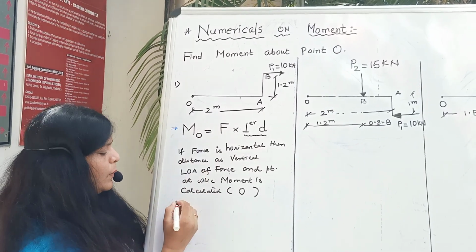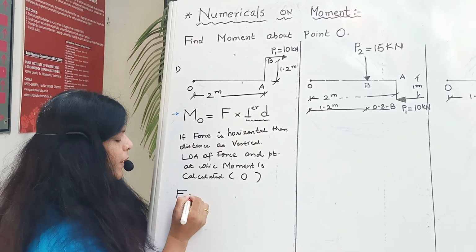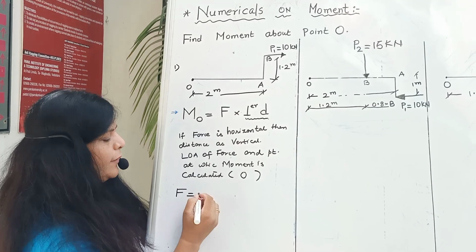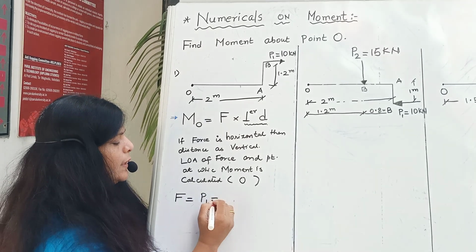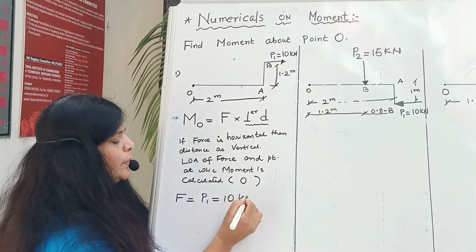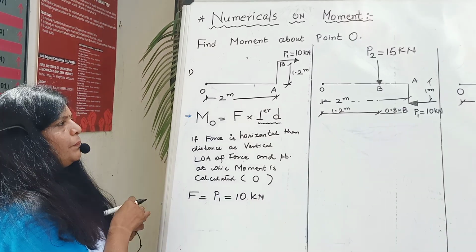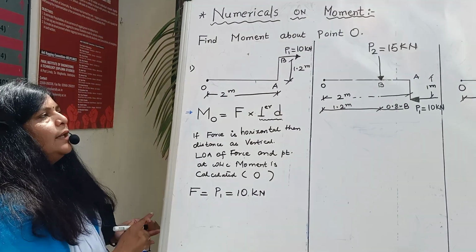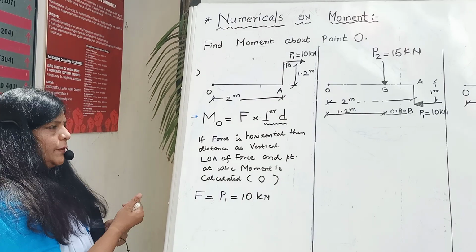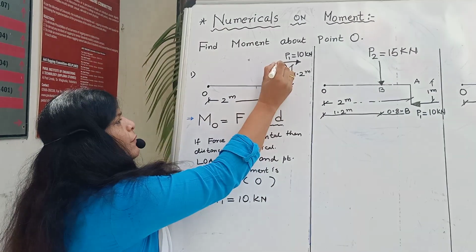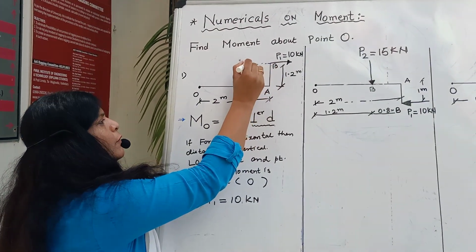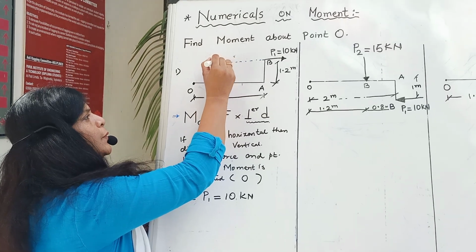Okay, now what is force F given over here? So force F is equal to P1, that is equal to 10 kilonewton. Now what will I do? I will extend the line of action of force.